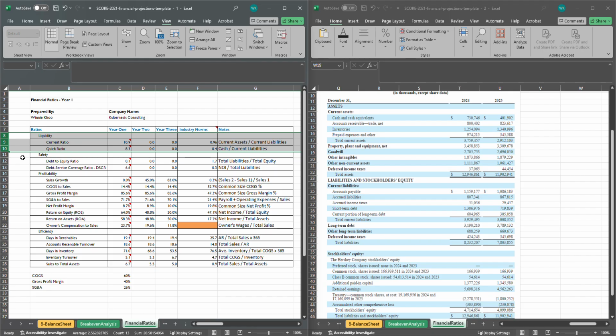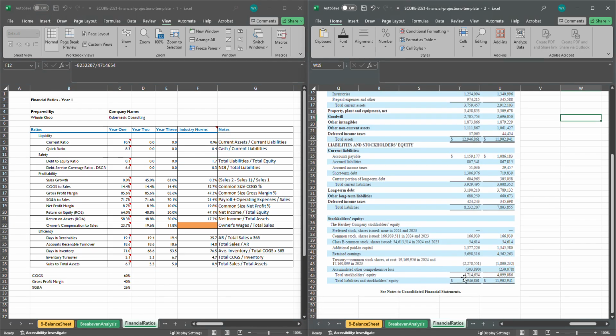Moving into the next section, which is safety and overall credit risk for the business. On the Hershey side, we have total liabilities, which is 8.2, over total equity, which is the total stockholders' equity, about 4.7.